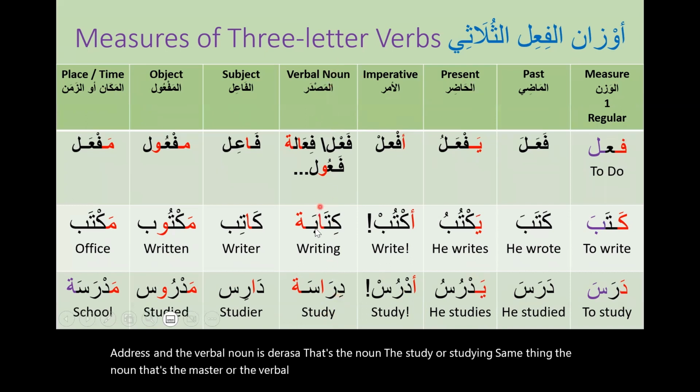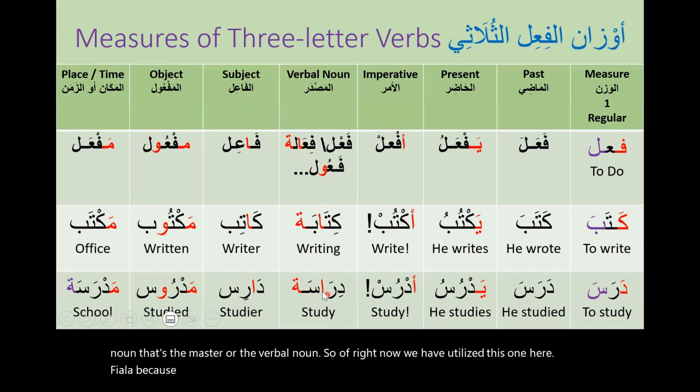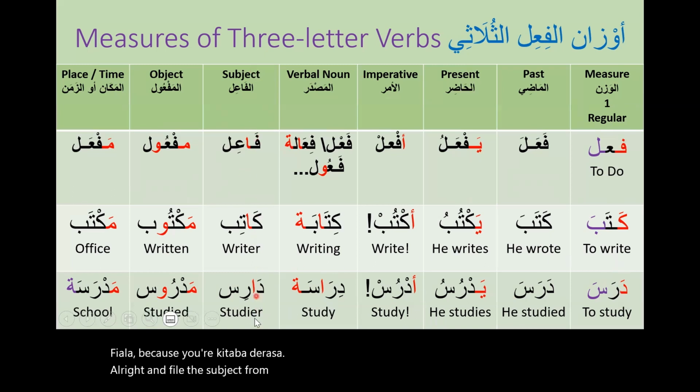So as of right now, we have utilized this one here, fi'ala, because here kitaba, dirasa. All right. And fa'il, the subject from darasa, is daris, the person who studies.